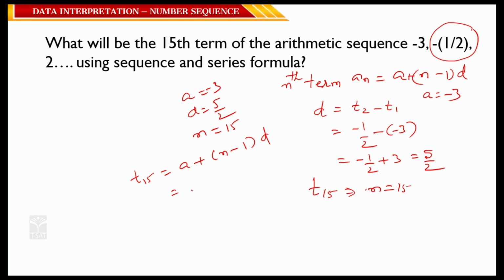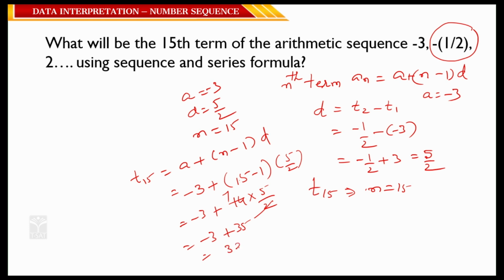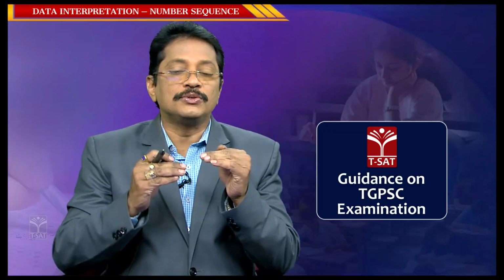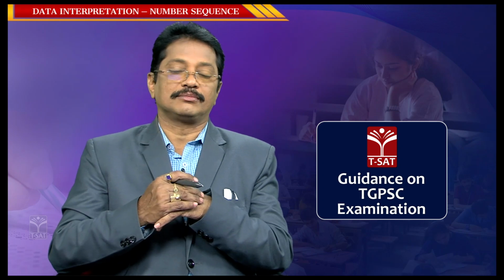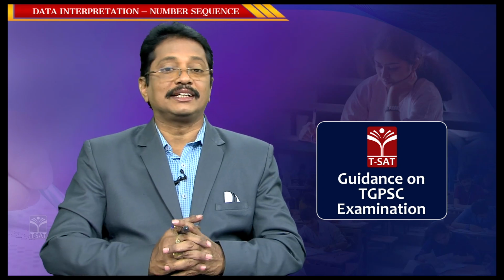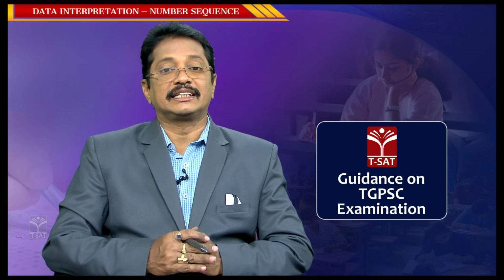Now we substitute: -3 plus (15 minus 1) times 5/2, that is -3 plus 14 times 5/2, 2 sevens are 14, 7 fives are 35, so -3 plus 35, which is 32. So, the answer is 32. When you know the formula, you can find the answer in a very simple manner.